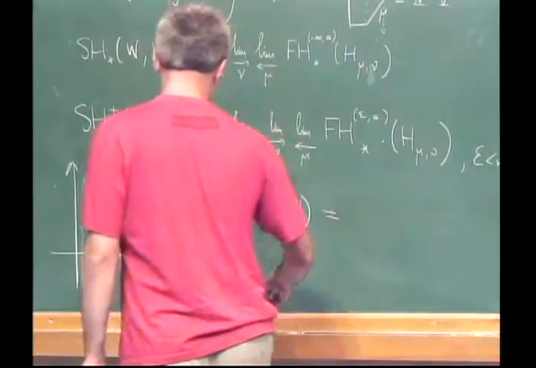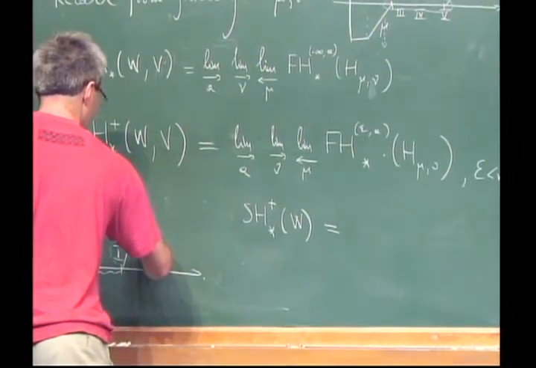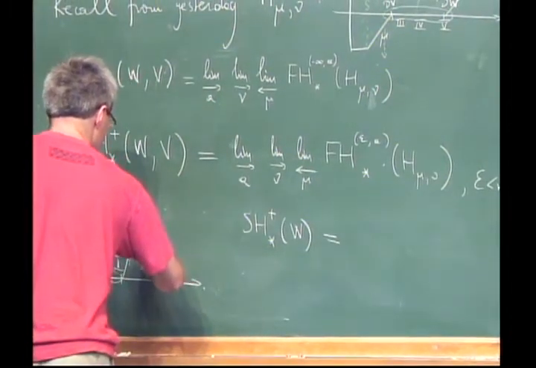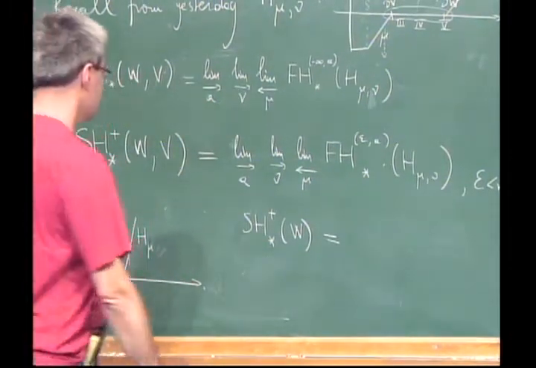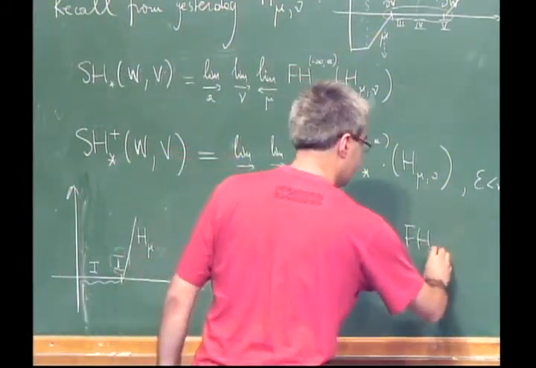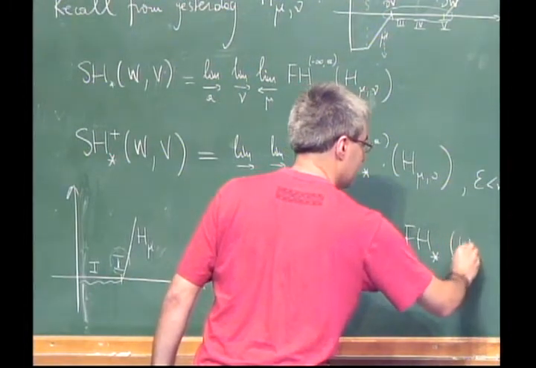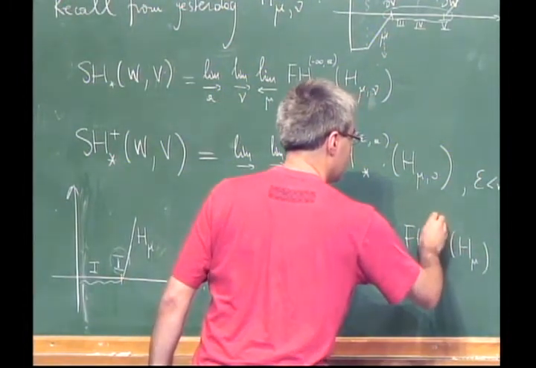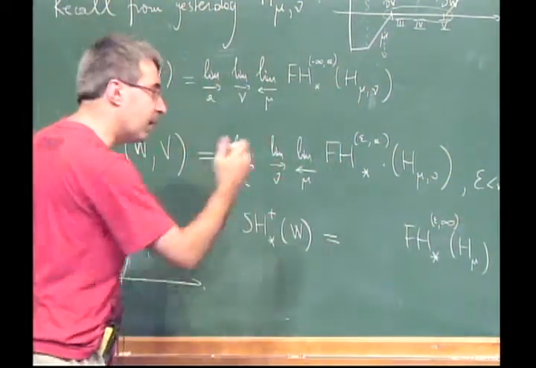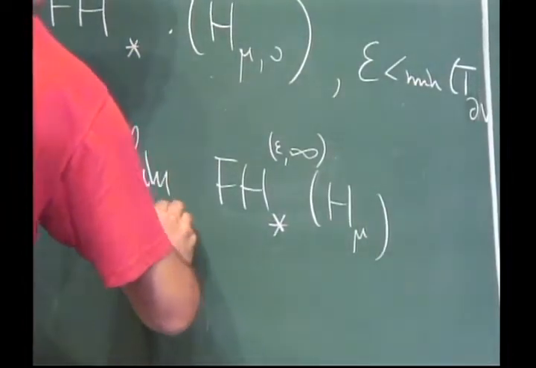So again, if this was the Hamiltonian H_A, say, let me call it H mu now. You take the Floer homology of this Hamiltonian H mu, and you just truncate it below, above some small epsilon, and you take a direct limit over mu.